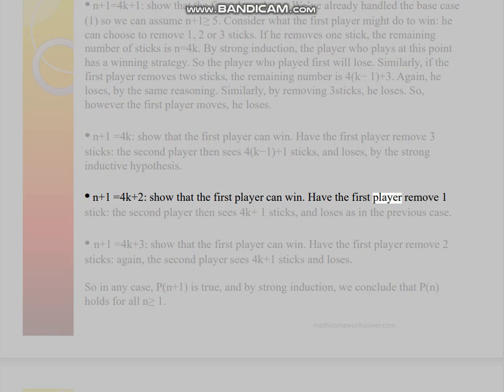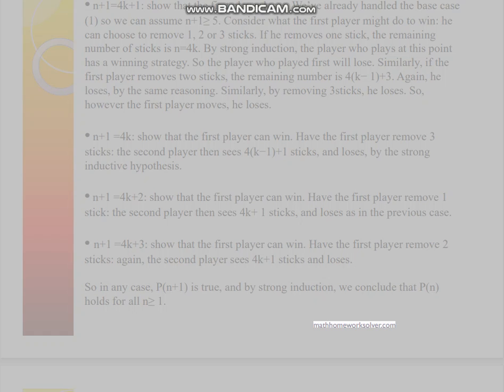Have the first player remove 1 stick, the second player then sees 4k plus 1 sticks, and loses as in the previous case. n plus 1 equals 4k plus 3, show that the first player can win. Have the first player remove 2 sticks, again, the second player sees 4k plus 1 sticks and loses. So in any case P(n plus 1) is true, and by strong induction, we conclude that P(n) holds for all n greater than or equal to 1.